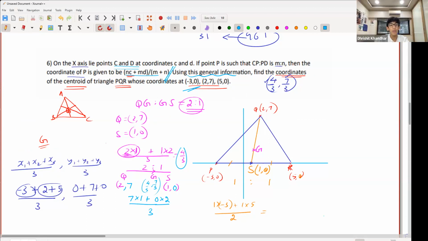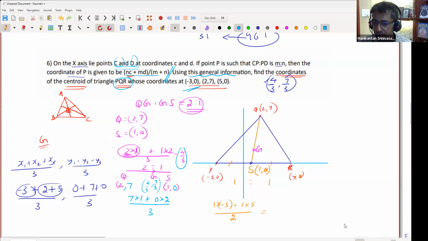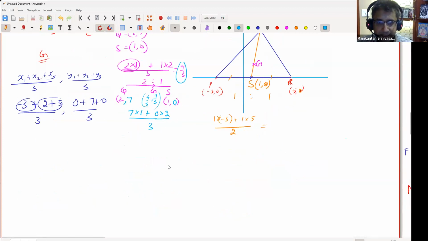So C and D have nothing to do with this question. This triangle is PQR. This triangle is some random point C and D on the number line. Everything clear on this? All okay? Arav, okay? Aditya? Okay. Cool. That was question 6.